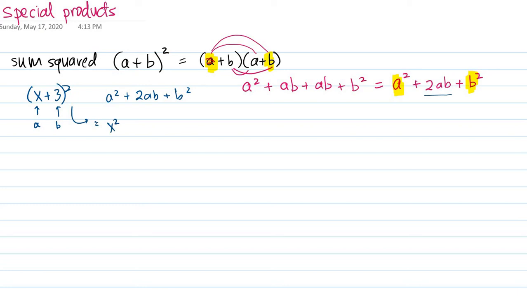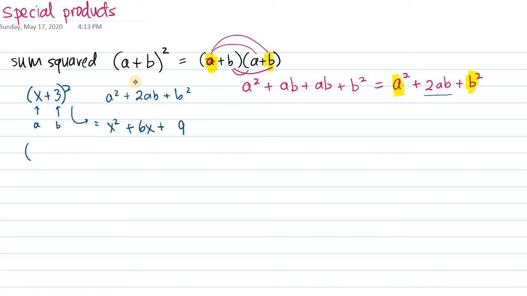If I square b, I get 9. And if I multiply the x times the 3, I get 3x. That's the ab part. And then I double it, multiply by 2, I get 6x. And that's it. I multiplied the whole thing out. If you forget that, you can FOIL it, but it's way easier if you know this pattern.